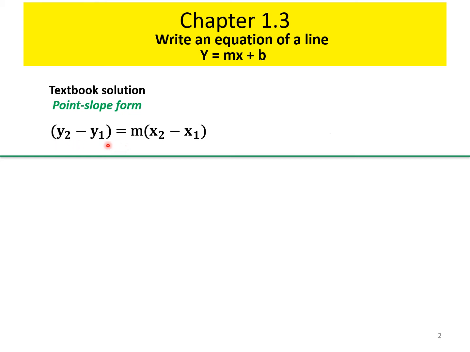Now you have to memorize this. For some of you who don't want to only memorize it and you like to understand where it came from, think of the slope. The slope is the change in y over the change in x. To get this equation, they took the denominator and multiplied it by both sides of the equal sign.